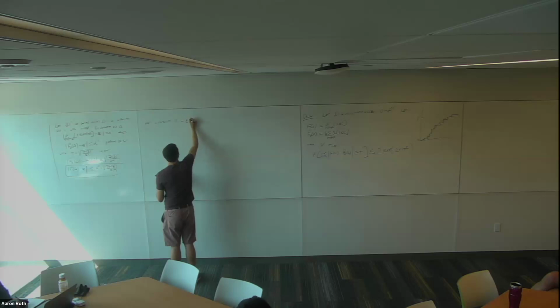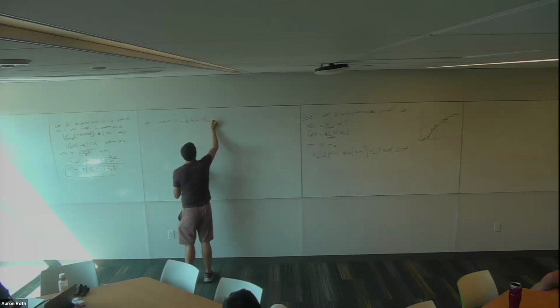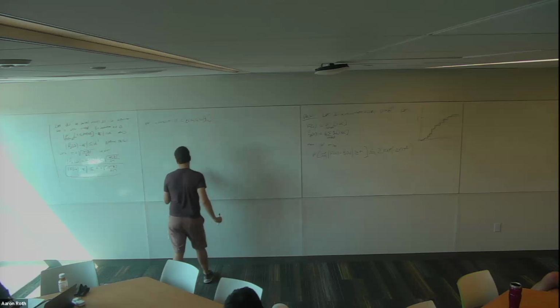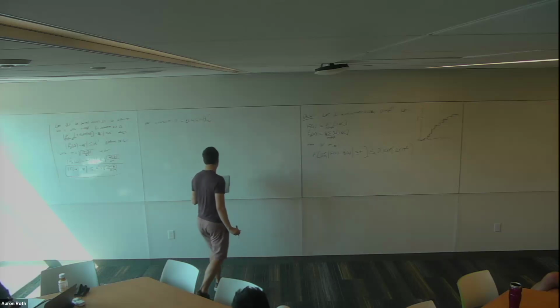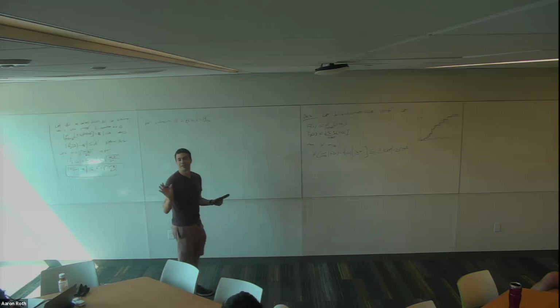Just a sequence of triples: features, prediction, and realization. We'll run the time steps ranging from 1 to capital T. Here are the predictions for the algorithm.